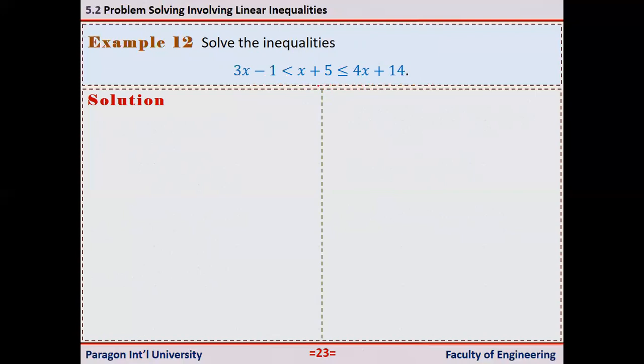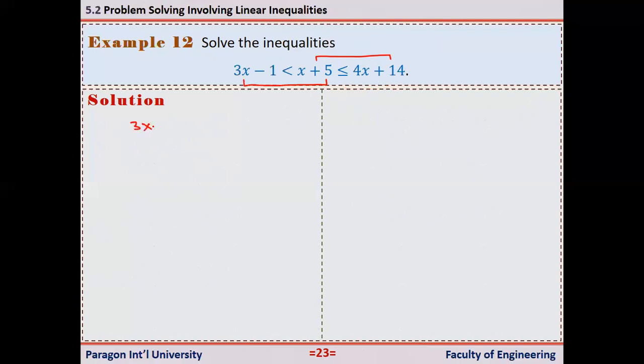Actually, to solve this kind of inequality, we should just write them separately. That means I'm going to pick the first two parts, and then, after reading this, take the latter two parts. At that time, we will have simultaneous inequalities here.